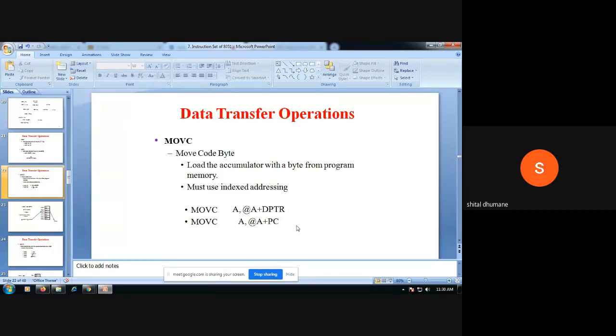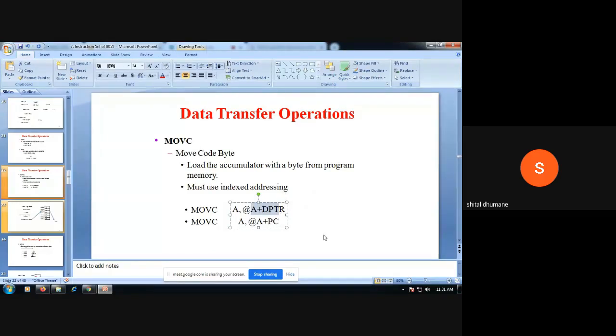Now we will see how the data transfer takes place in this first instruction, MOVC A, @A+DPTR. Here the @ always indicates your data pointer. That means it points to one memory location. So here the memory location is nothing but A plus DPTR.